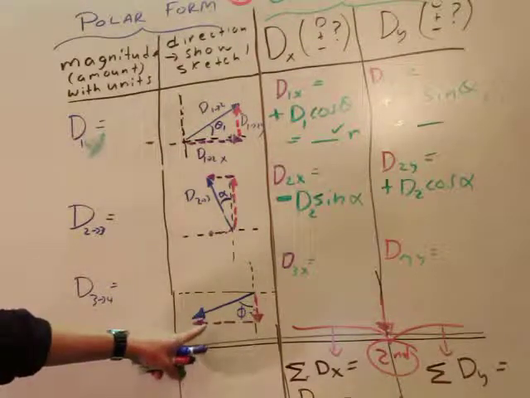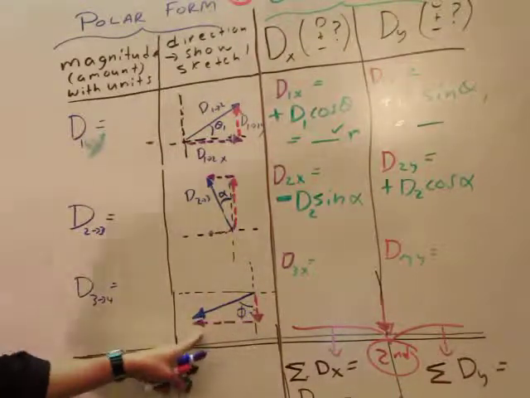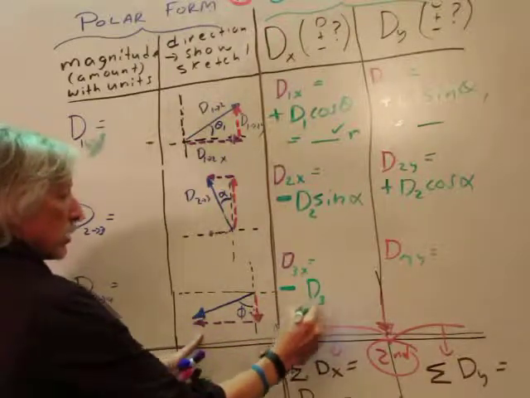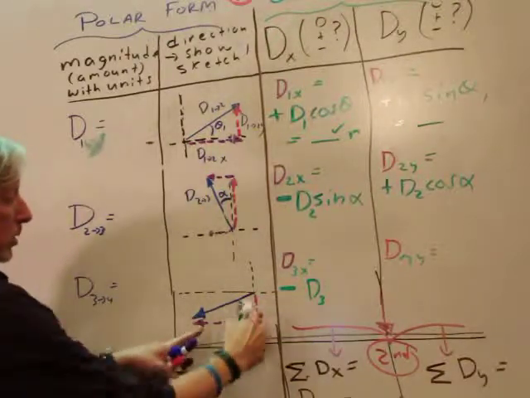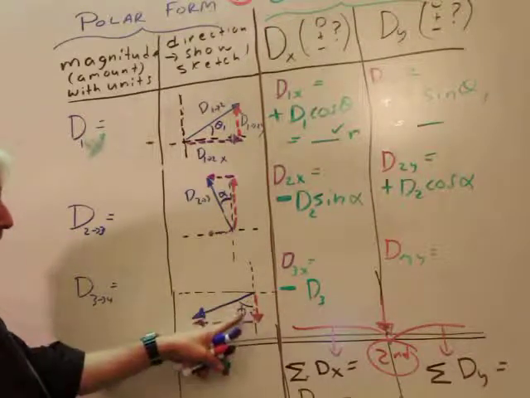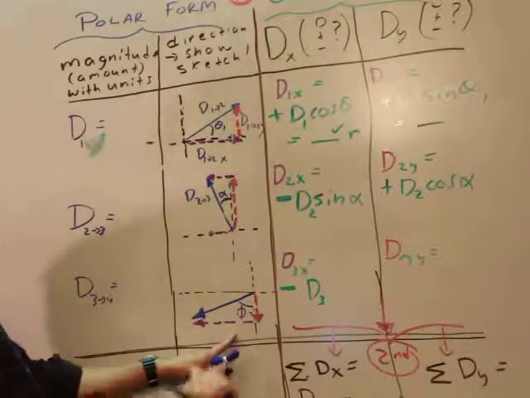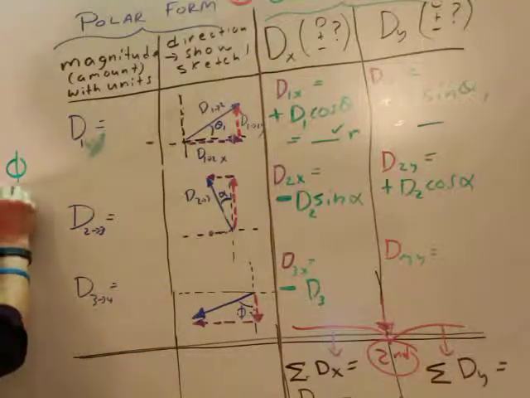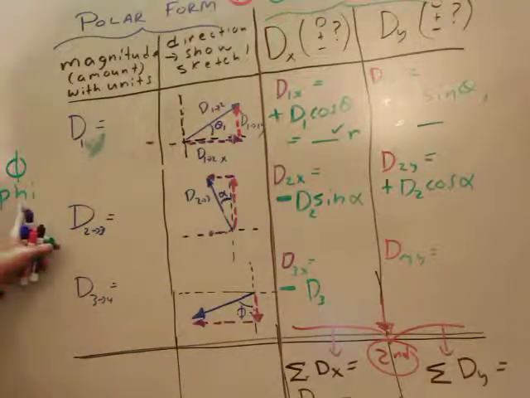Right, d3. Oh, that's going in the negative direction. Here's the magnitude, but the part is less than the whole, so it's opposite phi. That's the Greek letter. It goes like this, spelled like this.